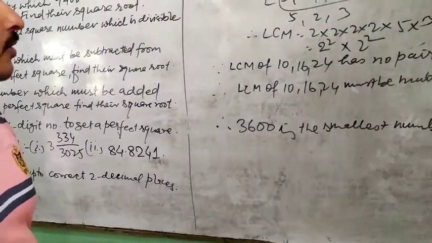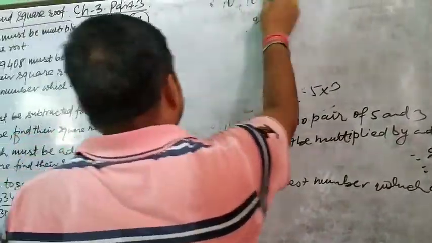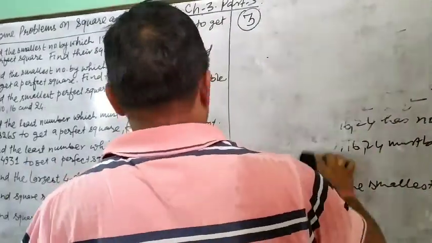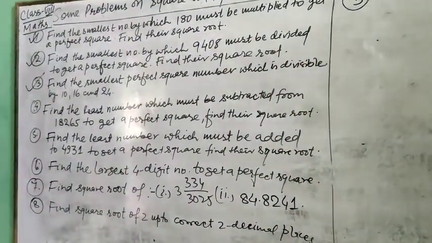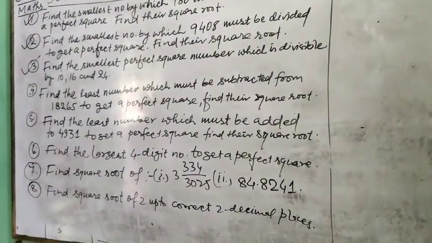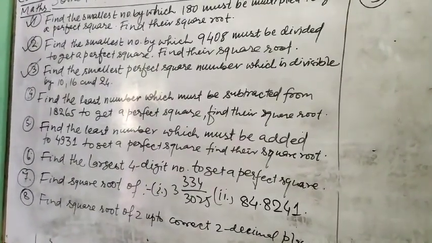Now your question number 4. Find the least number which must be subtracted from 18,265 to get a perfect square.